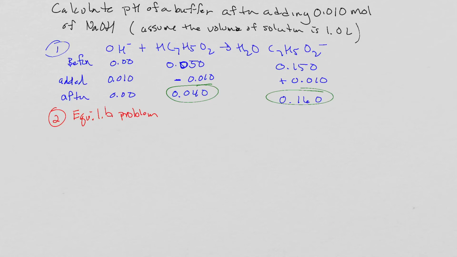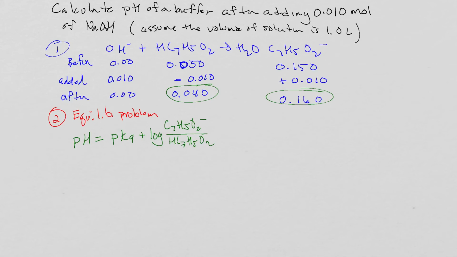There's no reason to do a different version. And so remember, that's going to involve the equation pH equals pKa plus the log of the base, which is C7H5O2 minus, over the acid.